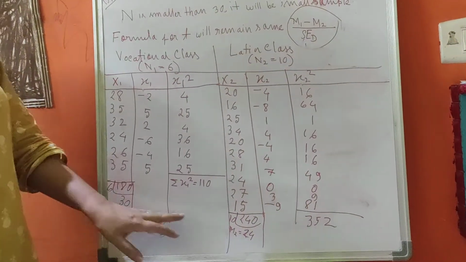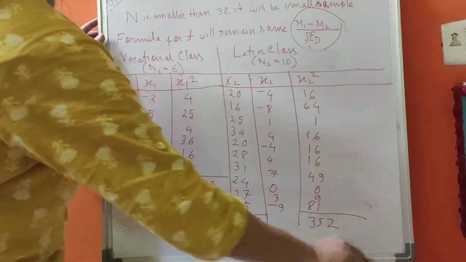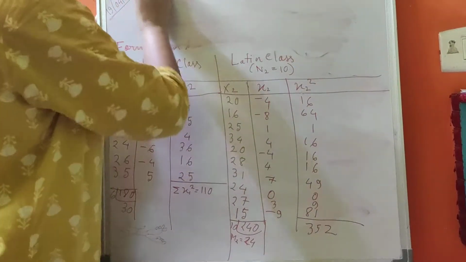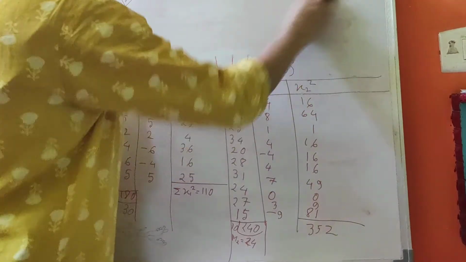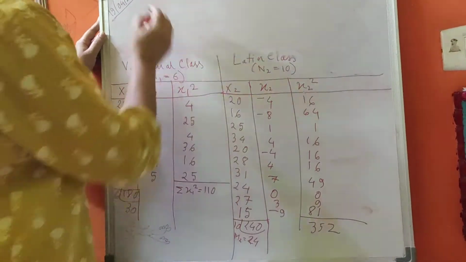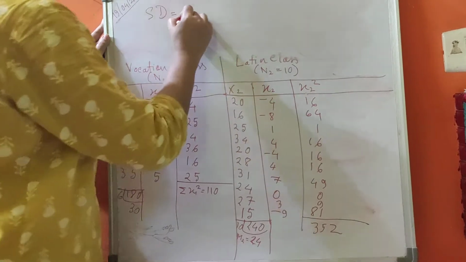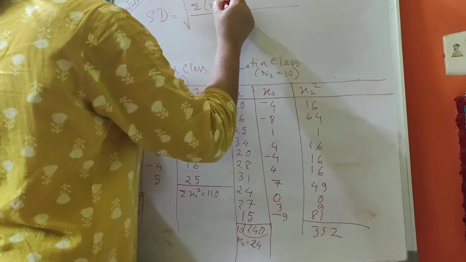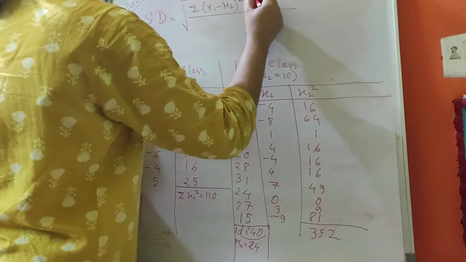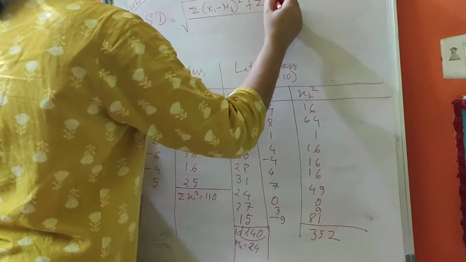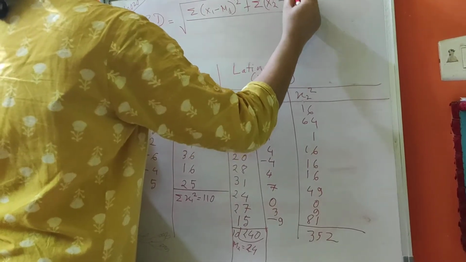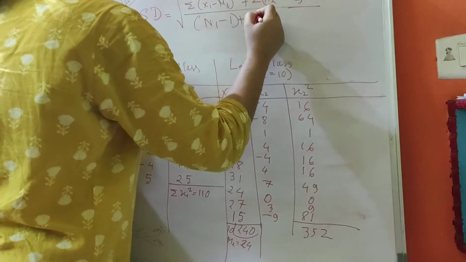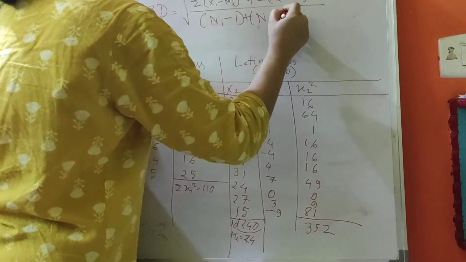After that we will calculate the pooled SD. The pooled SD value is the square root of summation of (x1 minus m1) square plus summation of (x2 minus m2) square, divided by n1 minus 1 plus n2 minus 1.